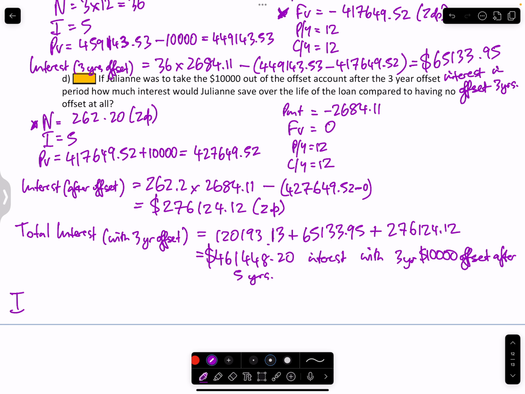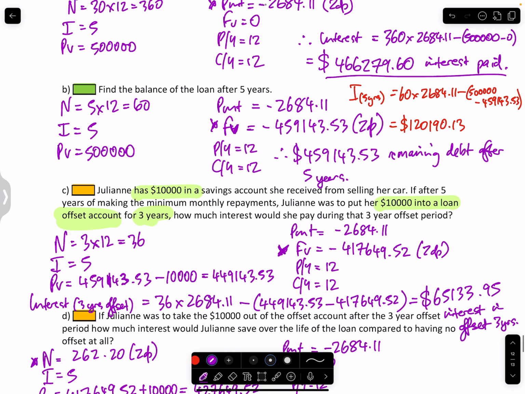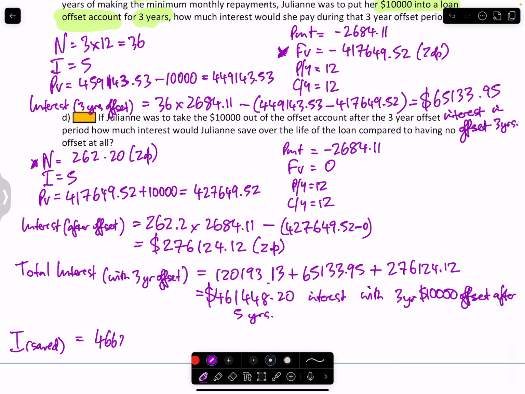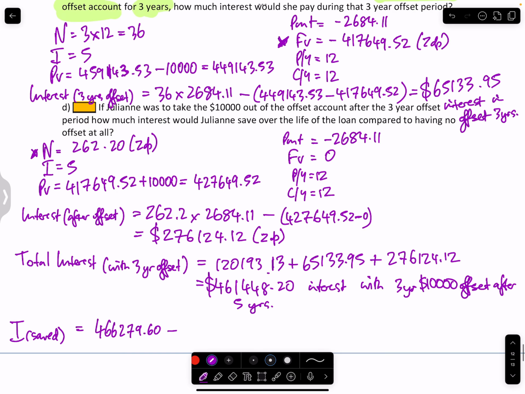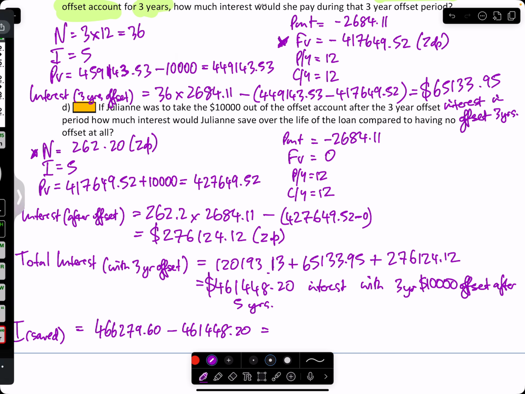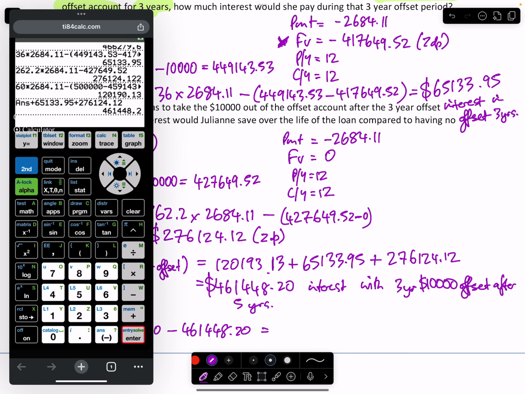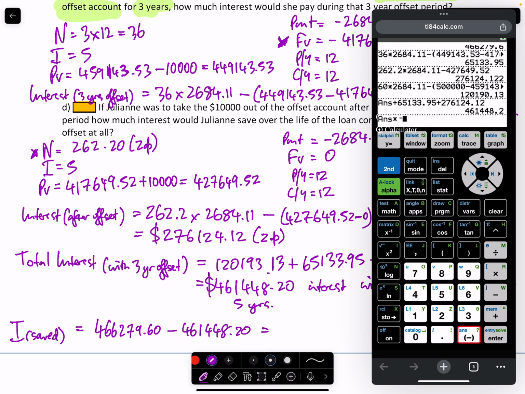So I saved is going to be, I just forgot that number. 466,279, is it? Yep. Minus $461,448.20. I've already got that number in there. Make it negative. Add it to 466,279.6. You're going to save $4,831.40.